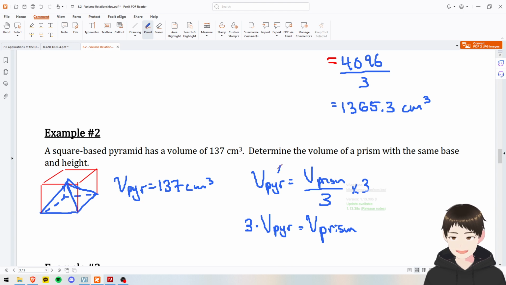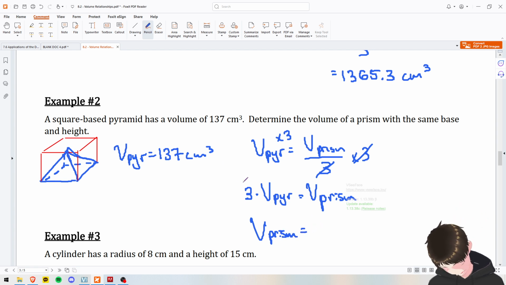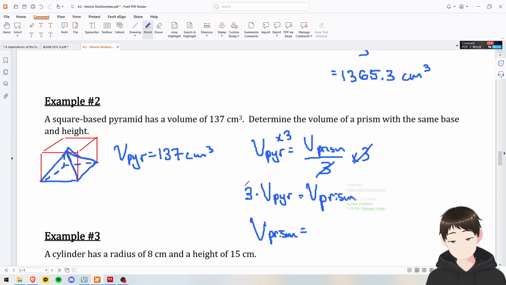Multiply both sides by 3 algebraically. A division of 3 and a multiplication of 3 turn into just 1. In other words, the answer we're looking for, the V prism, is 3 times 137. That's 411 centimeters cubed.